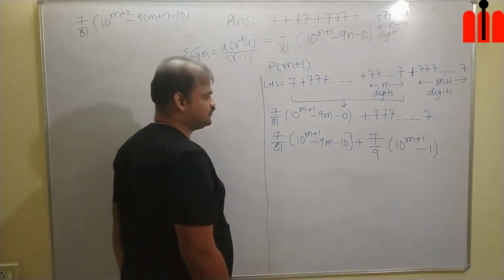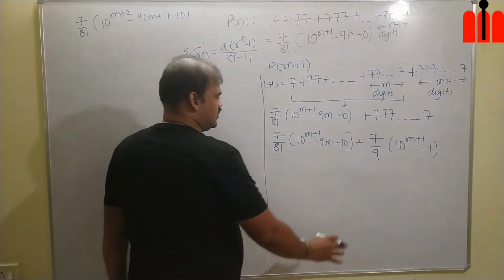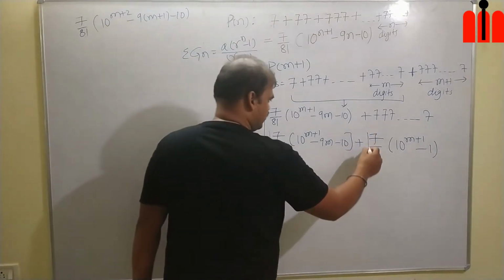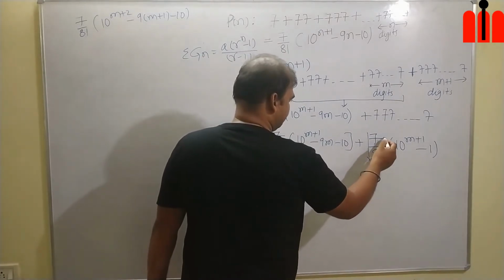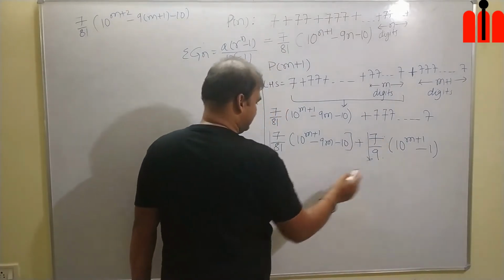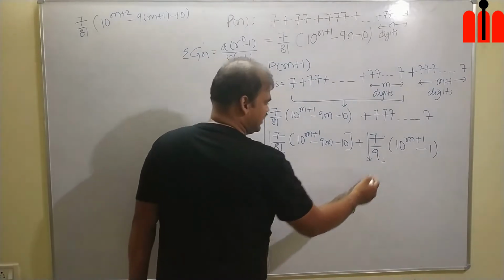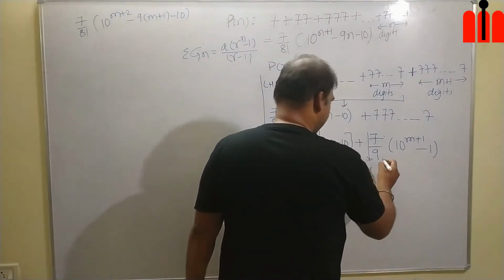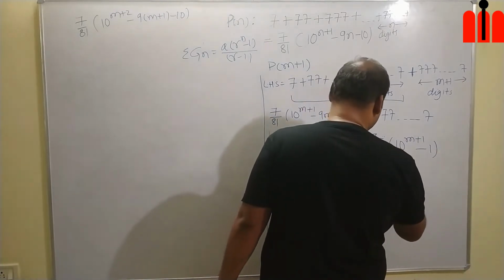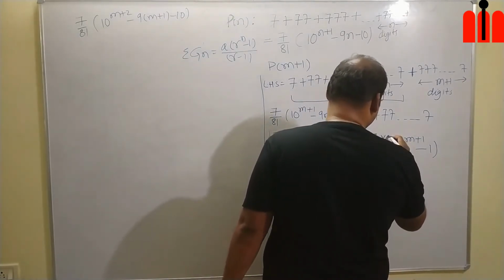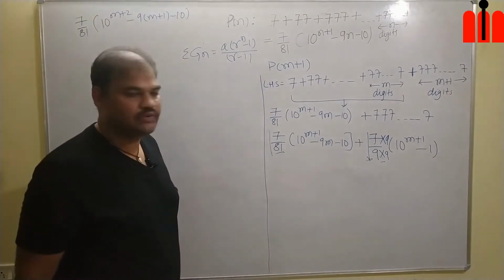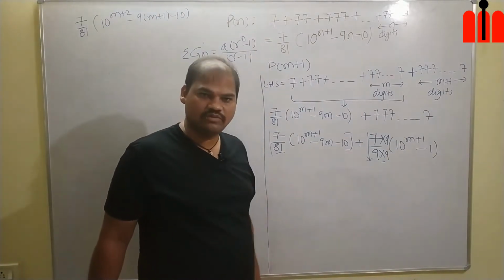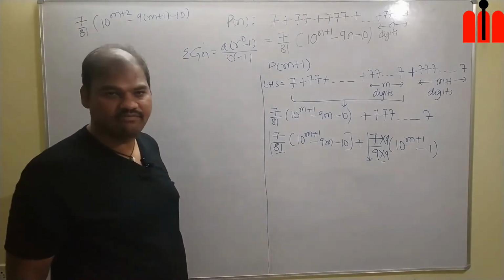Now here, to make these two common, what I will do, I will multiply 9 in numerator and denominator just to get 81 here and here. What I had done, just multiplied 9 with numerator and denominator to get the same 81.